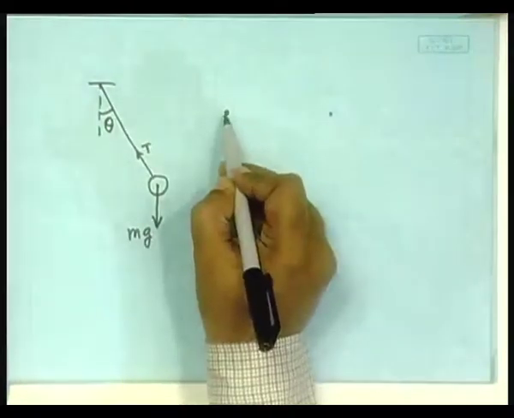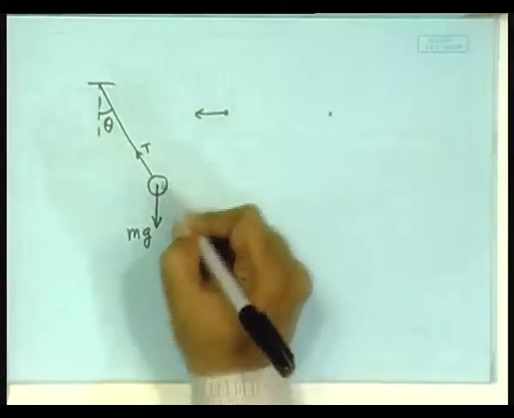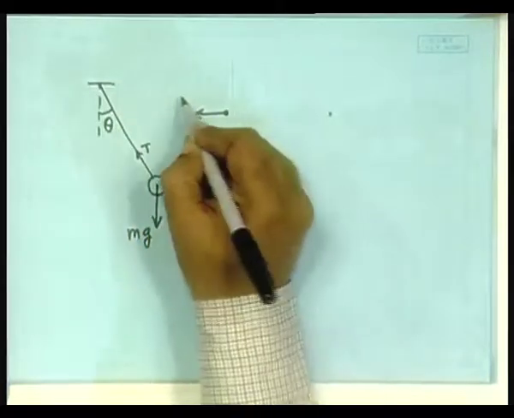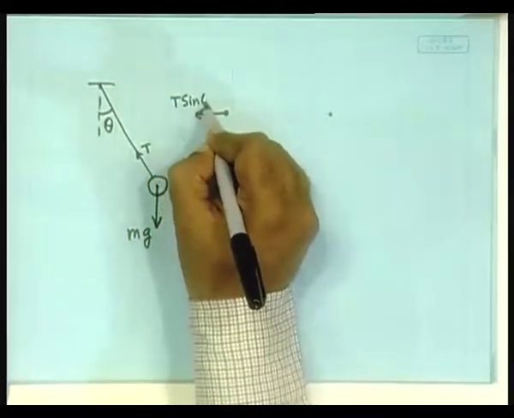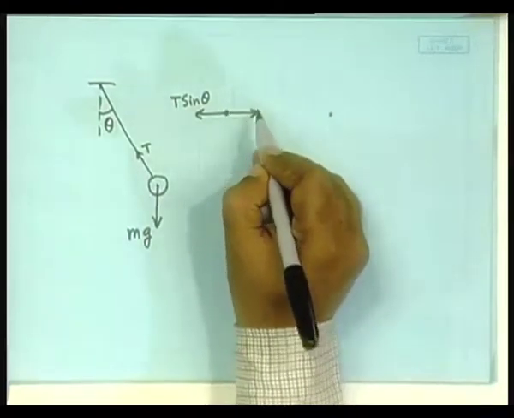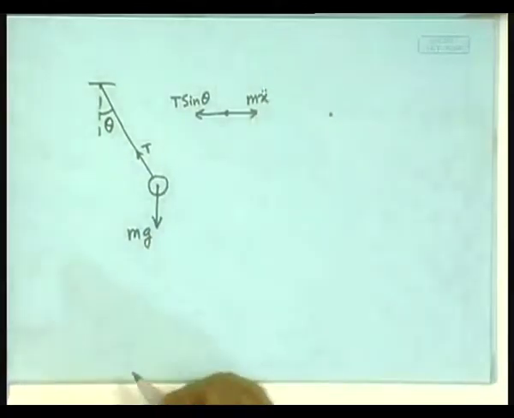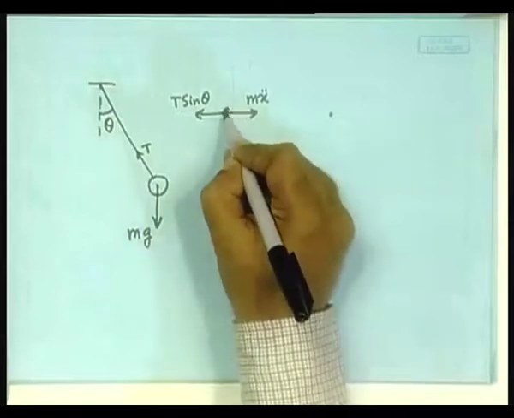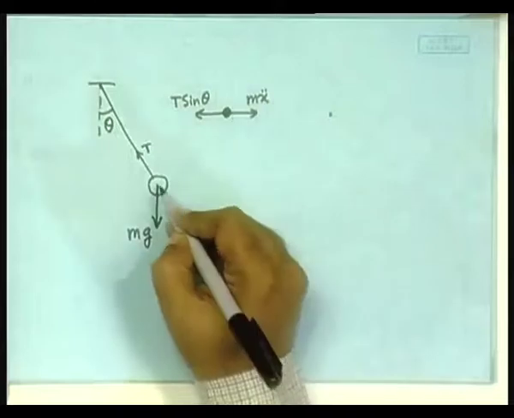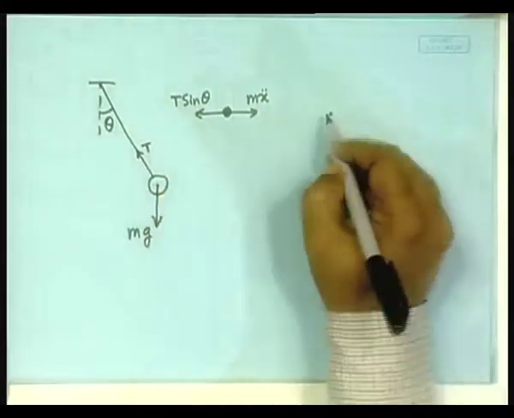Along the x coordinate, what will be the equation? In this direction, what is the pull? Theta is here, T sin theta. That will be counterbalanced by mass into acceleration in that direction, m x double dot, right. So, that is the free body diagram in the x direction. In the y direction, here is a pull working, that is T cos theta.